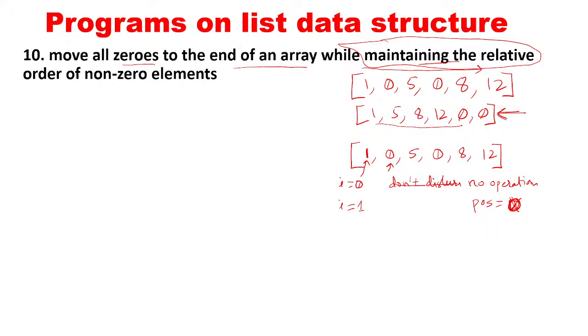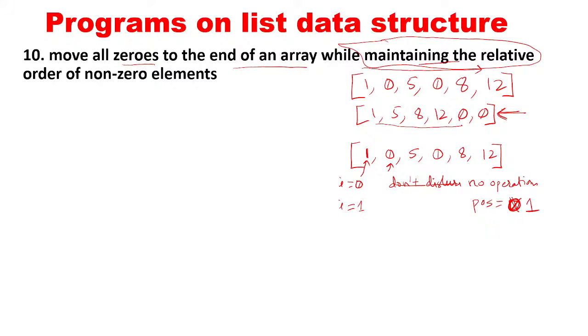Whenever there is 0, only that 0 has to be swapped with other non-zero numbers. Zeros only must be swapped. Whenever we encounter a non-zero number, we don't do any operation, or even if you do the operation, nothing will happen here.